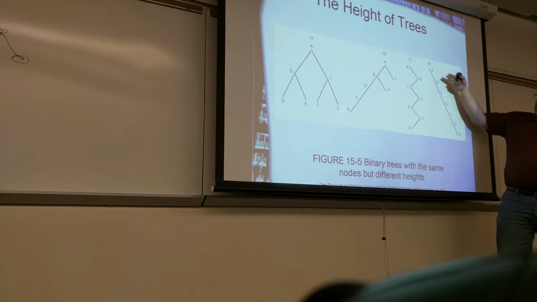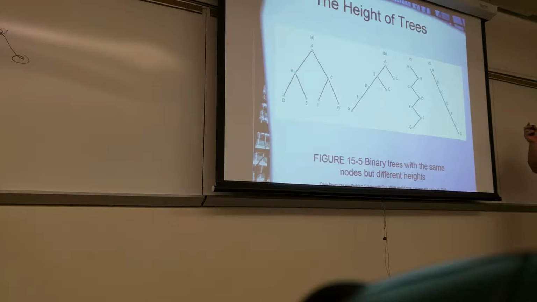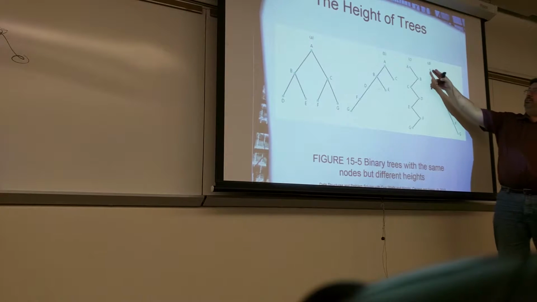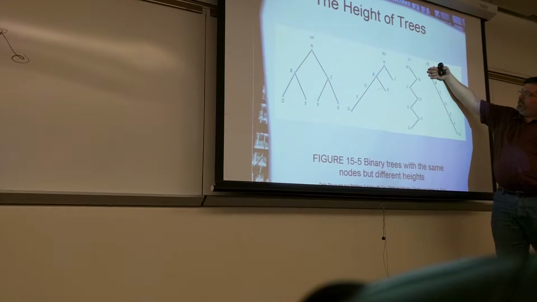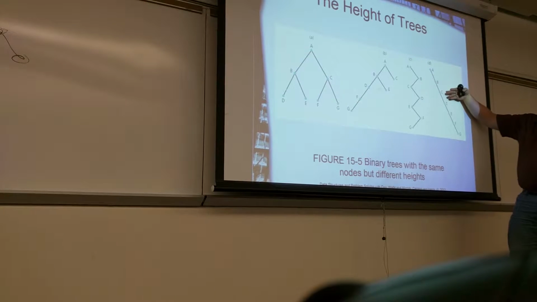Now, is this actually a tree? No. Yeah, not a helpful one. So what's the definition of a tree? We have a root, and then all of the people below it are trees, all the children below it, right? So if this is my root, is everything below that a tree? Yes. Well, it actually is.